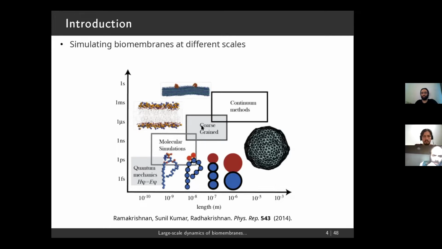As you move along this curve of scales, at some point you lose the resolution to resolve individual lipids, and that would be usually the realm of continuum methods. The model that I'm going to talk about lives in the scales accessible by continuum methods, but it's a combination of the two. It's still a particle-based model, but shares a lot of features with continuum-based approaches.